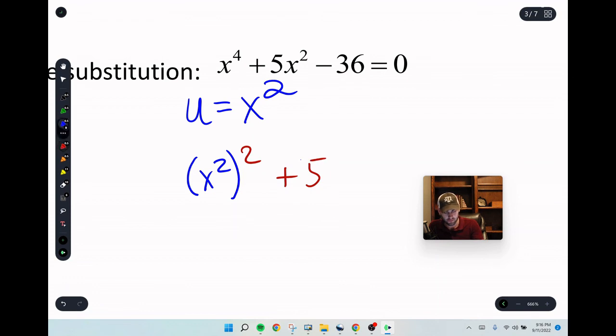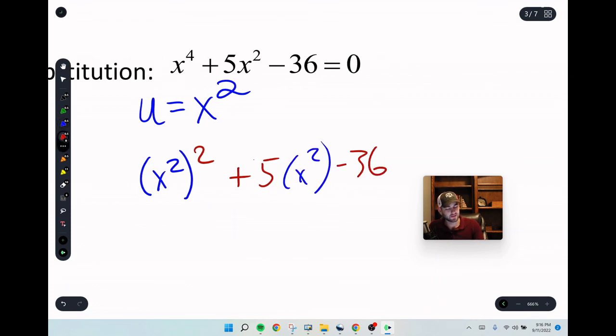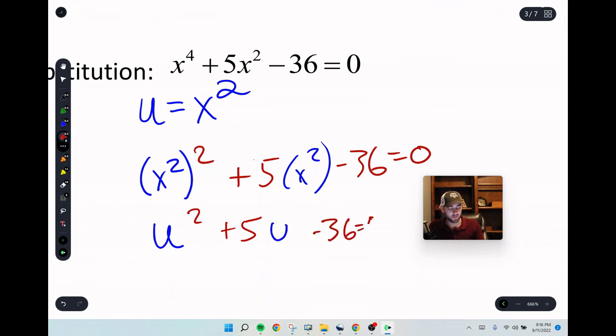Hopefully these colors might help a little bit, because now what we're looking at is that u equals x squared is blue. So if I make everything that's blue a u, I get u squared plus 5u minus 36 equals 0, and now maybe we have the ability to factor that. I think we will. Okay, let's see what else we're looking at.